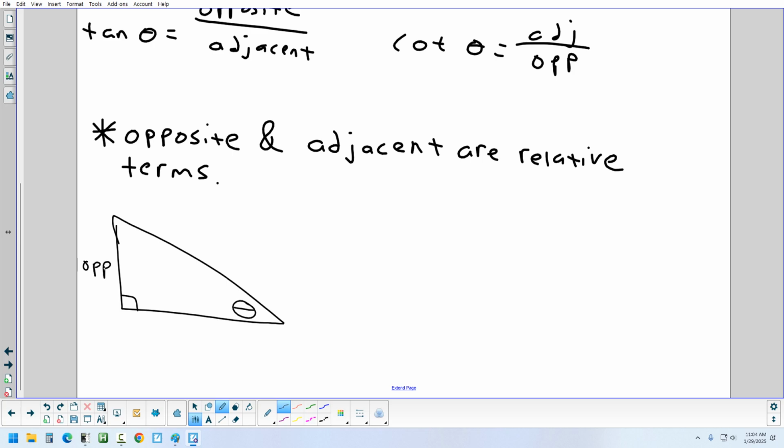Think about if somebody's opposite you, they're on the other side, like the opposite side of the road, across from you. Adjacent means right next to you. If something's adjacent, it's right near you. So adjacent is the side that's right next to the angle, but not the hypotenuse. The hypotenuse is always across from the 90.